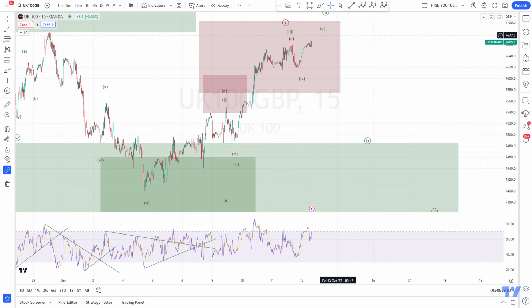This could also happen, but I would say some kind of temporary reversal from here is what I would expect, a reversal as a wave B, and then more upside as a wave C. That would be my expectation, based on what we get here.